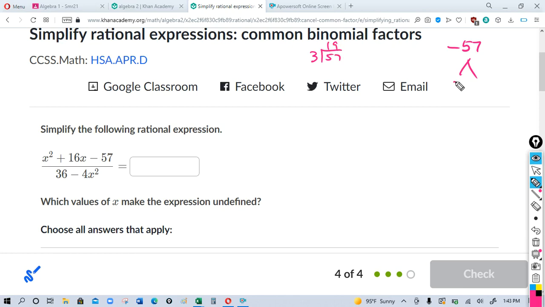Let's see. So negative 3 times 19 or positive 3 times negative 19. Do either of these add to plus 16? Yes. Okay, so rewriting the numerator using this, x minus 3 and x plus 19.